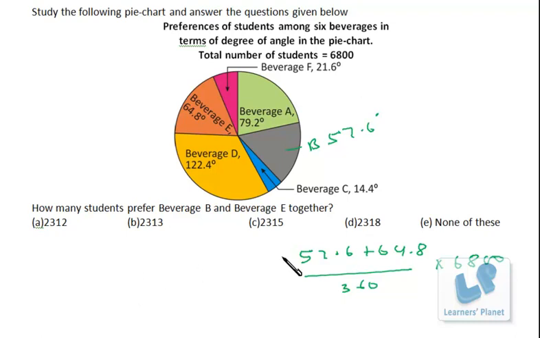So let's calculate it. Right, I eliminated this decimal and eliminated this 0 from here. So finally it's 34 into 68.